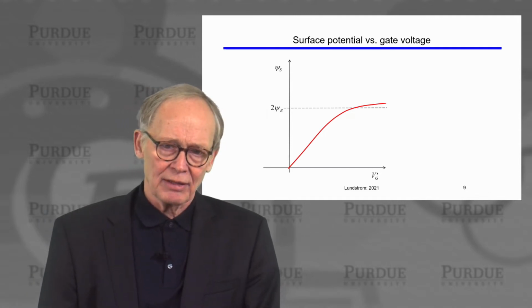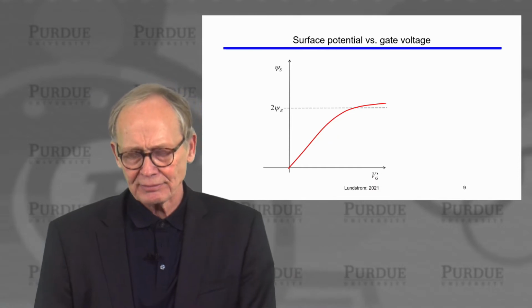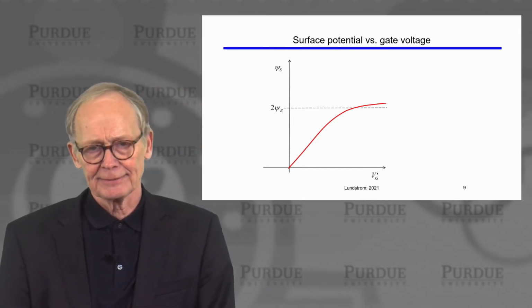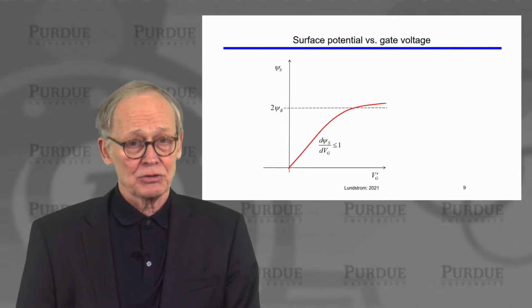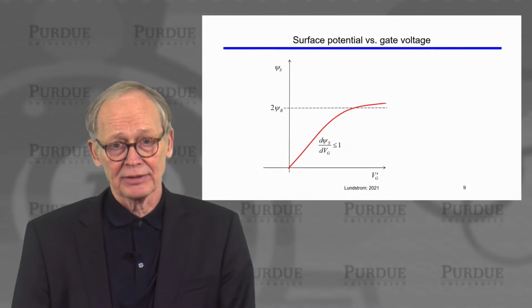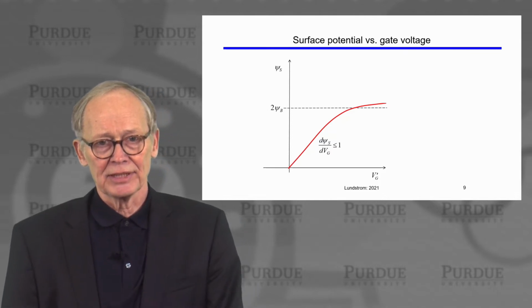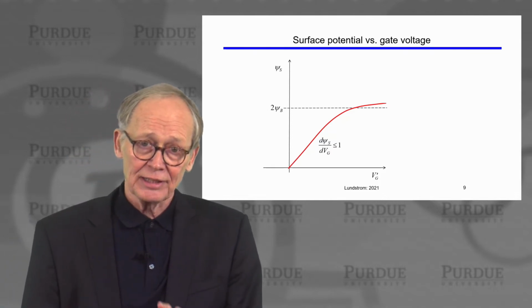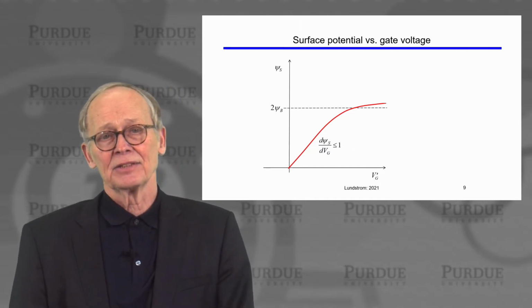Now, if we just do a calculation and plot surface potential versus gate voltage, we'll get a plot that looks like this. As long as the bands have not bent too much, we're depleting the semiconductor, and the bands bend significantly when we change the gate voltage. The fraction is less than 1 because not all of the gate voltage gets into the semiconductor.